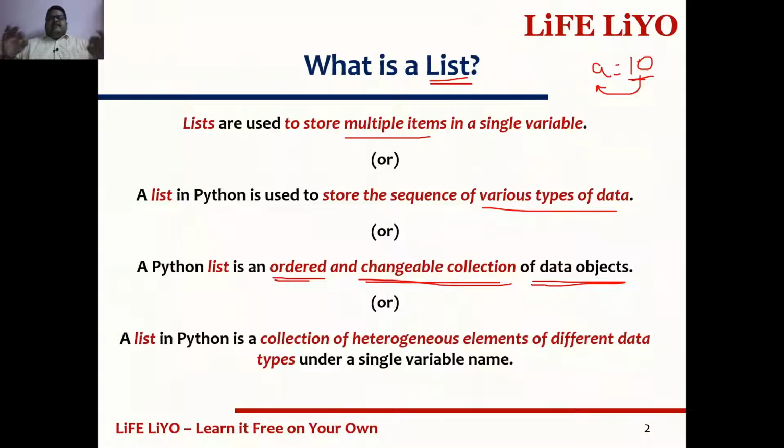In normal terms, a list is a collection of heterogeneous elements. Heterogeneous means multiple items of different data types under a single variable name. So if you want to store multiple elements of different data types under a single variable name, we can use a list in Python.